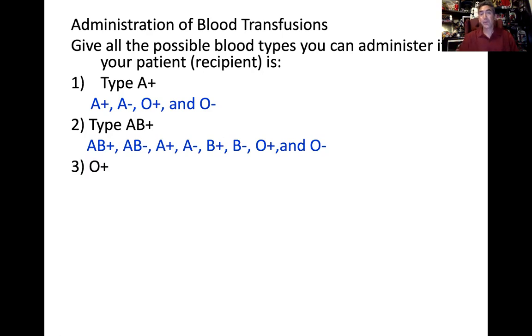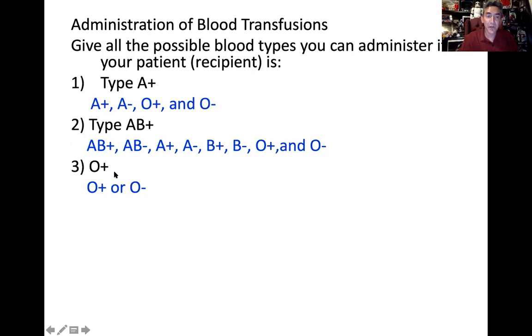All right, next, O positive. What blood types can O positive receive? How'd you do? Right, it's O. So O would have anti-A and anti-B. If you have both anti-A and anti-B, you know that you cannot receive any blood aside from the O blood type.